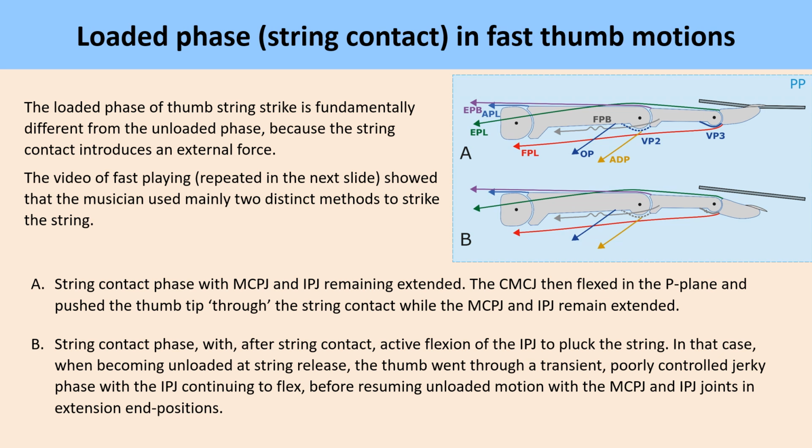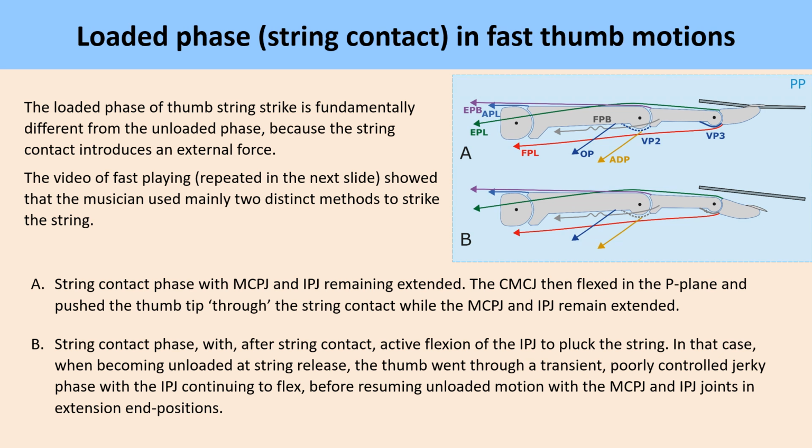A. String contact phase with the MCP and IP joints remaining extended. The CMC joint then flexed in the P plane and pushed the thumb tip through the string contact while the MCP and IP joints remained extended.